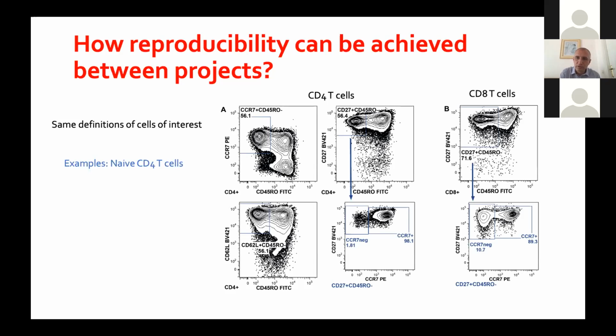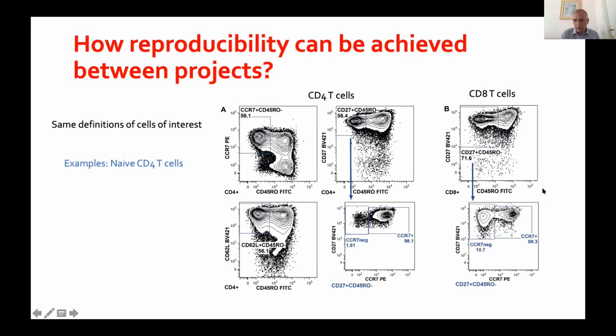If we move to CD8 T cells, it's already more difficult because there will be some cells in the CD27 positive region that will in fact be not naive, but rather the TEMRA revertans. So what is valid for the CD4 T cell compartment is not the same for the CD8 T cell compartment.